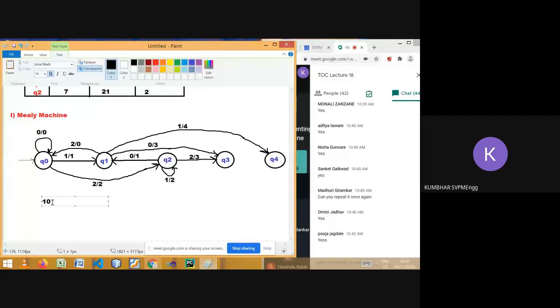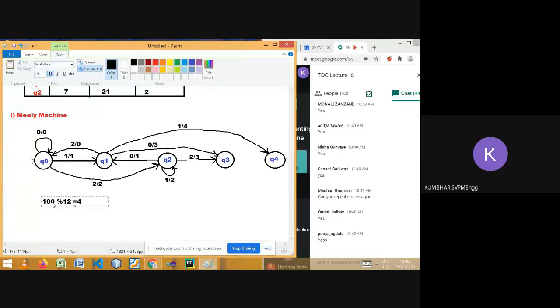If we read one more 0, 1 0 0 in ternary means 9. 9 mod 5 will be 4. Correct? 9 divided by 5, 4 remainder.